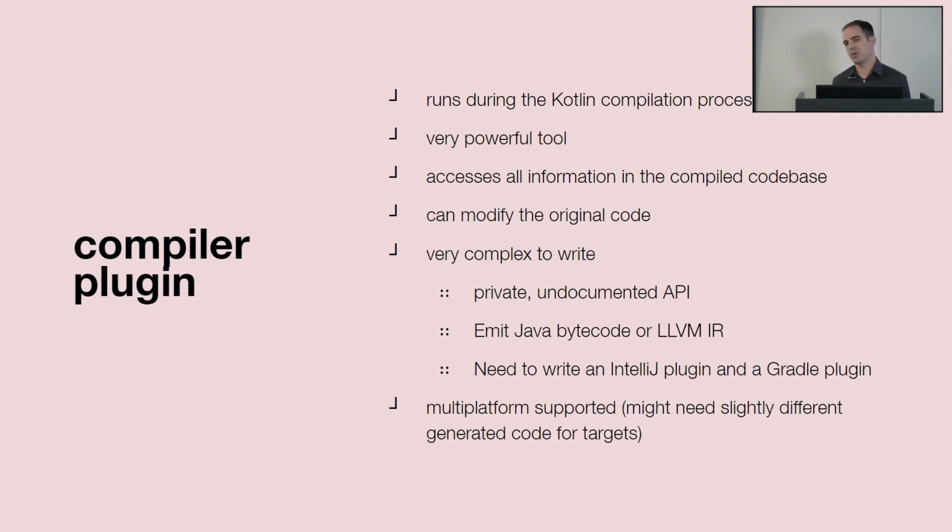So when the developer writes the code, it can access the generated code in the IDE. So it is quite hard to grasp this tool and how to implement Kotlin compiler plugins.